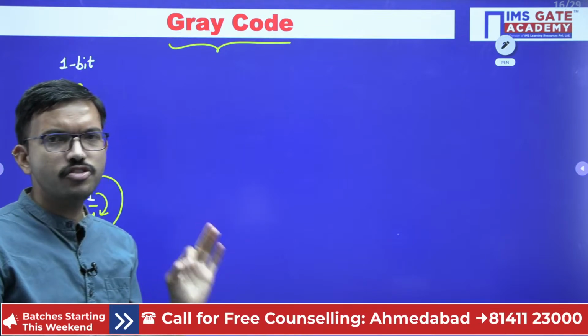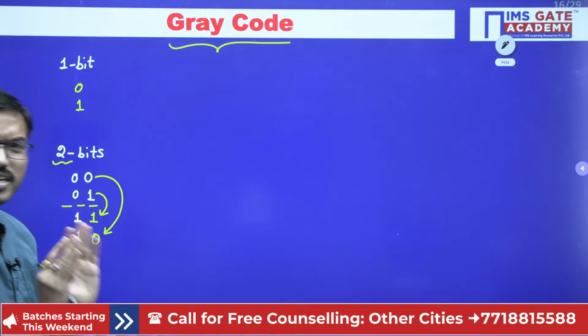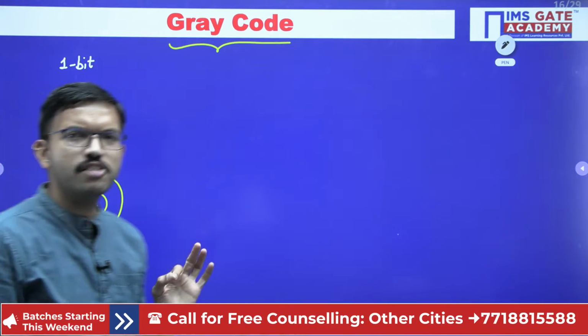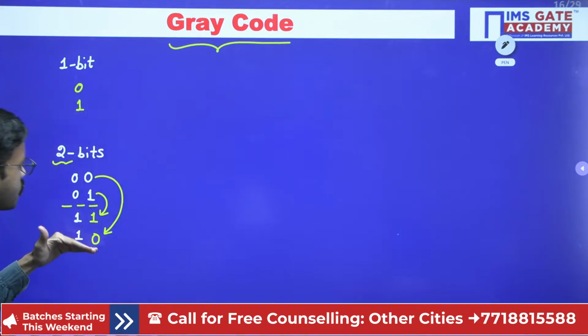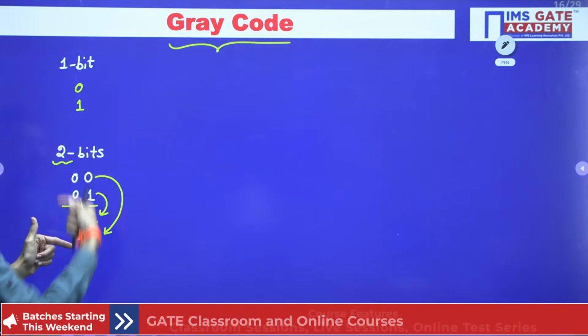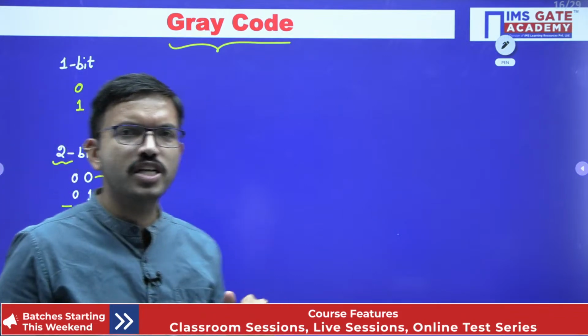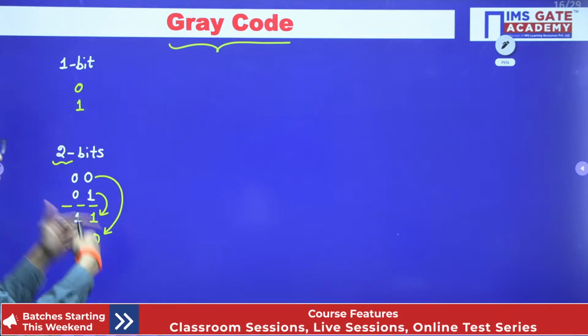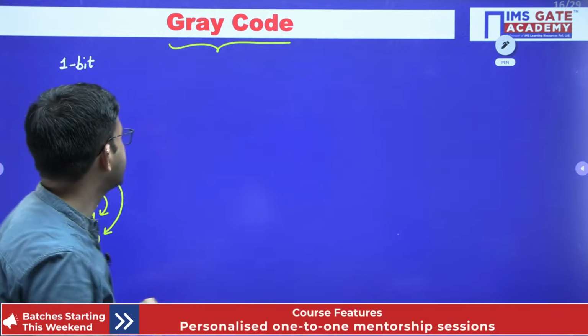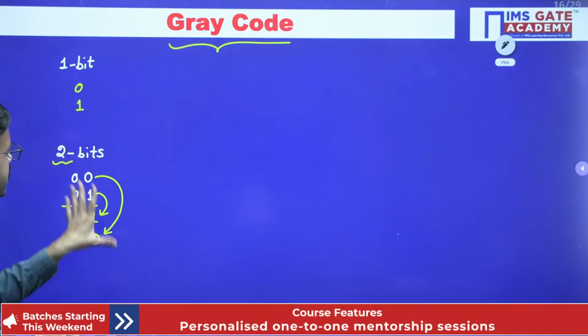That is the meaning of unit distance code. Gray code has one more special feature: even the last code and first code, if you copy the first code after the last, differ by 1 bit only. That means it forms a cyclic code, right?